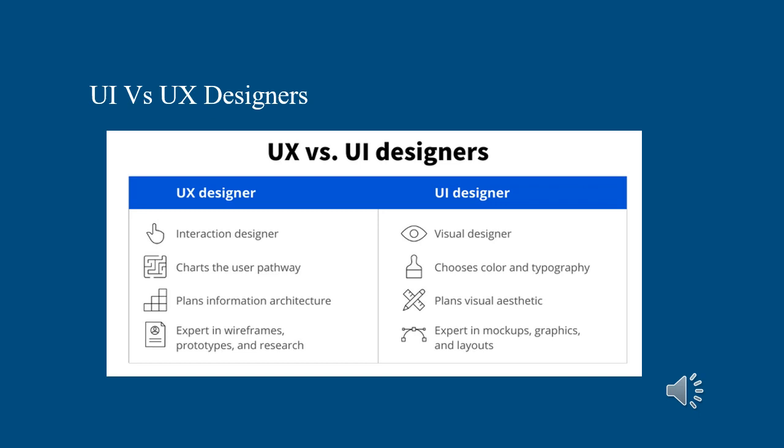He should be expert in creating wireframes, prototyping, and research. In other words, a UX designer is an interaction designer, while the responsibility of a UI designer is to choose color and typography for an app or website, plan visual appearance, and be expert in mockups, graphics, and layout creations. A UI designer, in other words, is a visual designer.